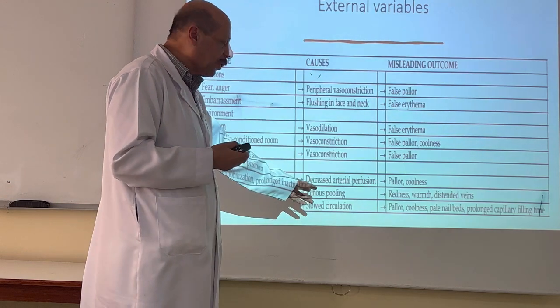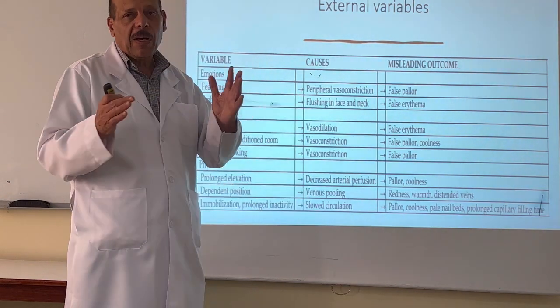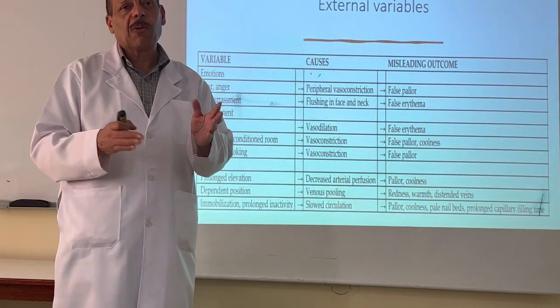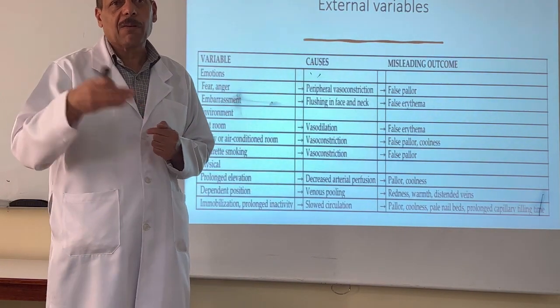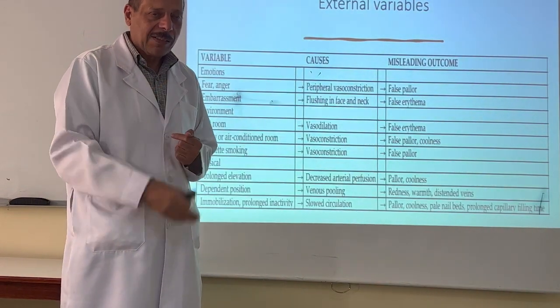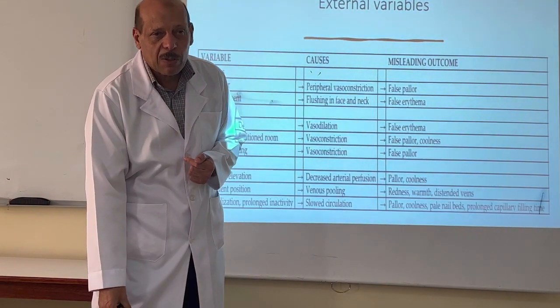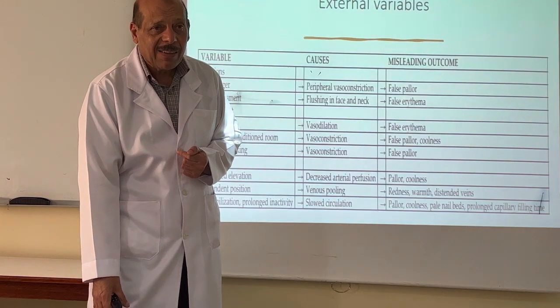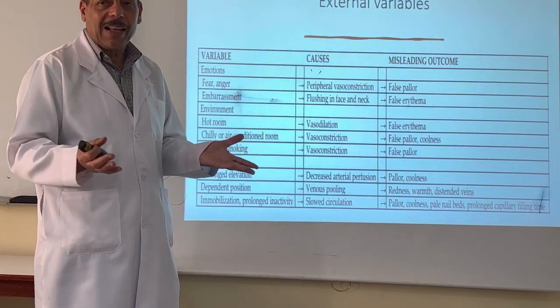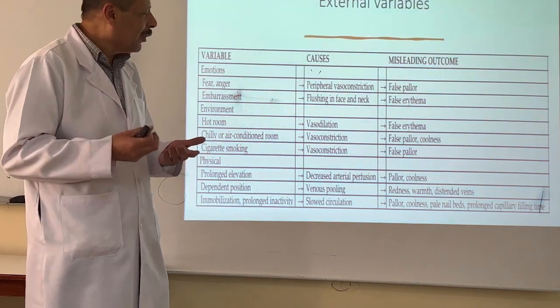Sometimes when we are staying for a long time in the same position, if we are sitting or traveling by plane for a long time, say 7 hours, sometimes we will find that we have swelling in our legs, even if our health condition is good.